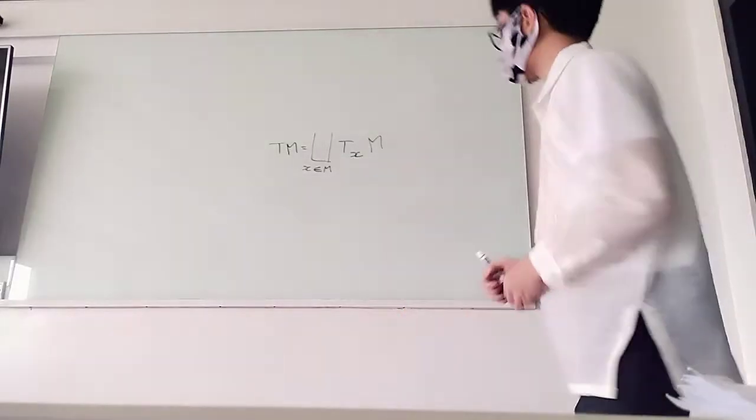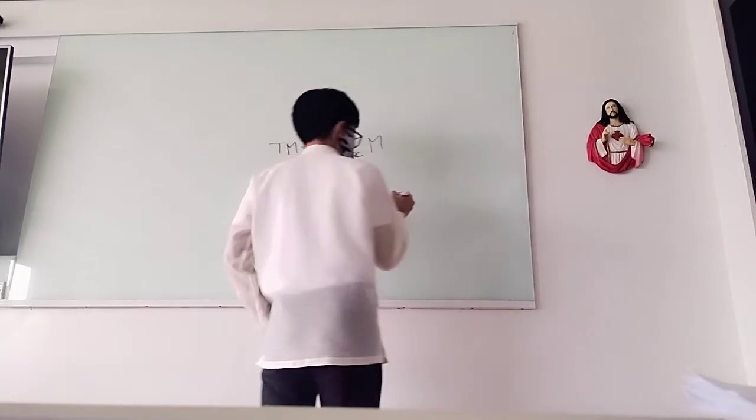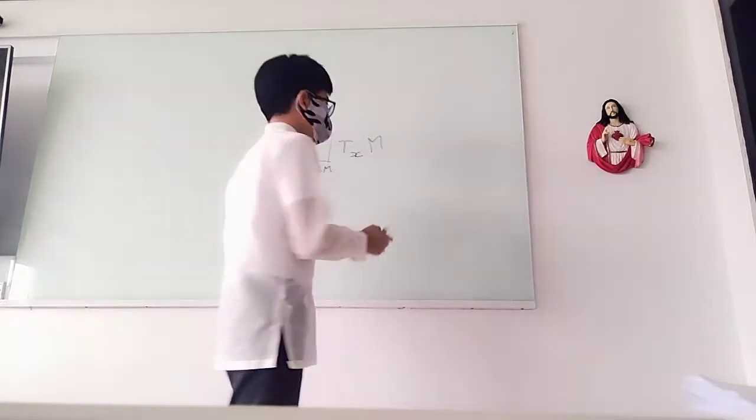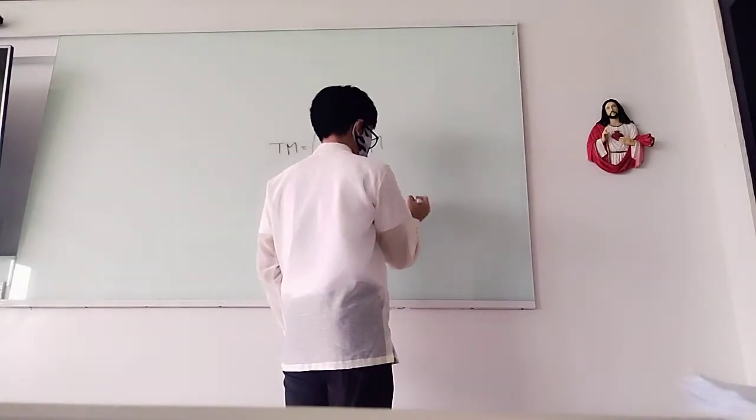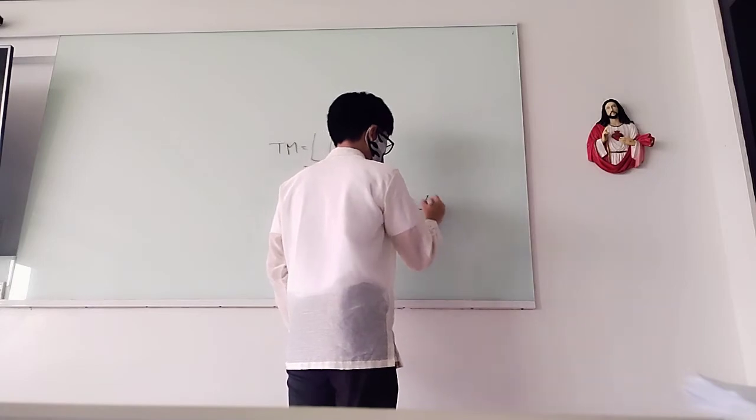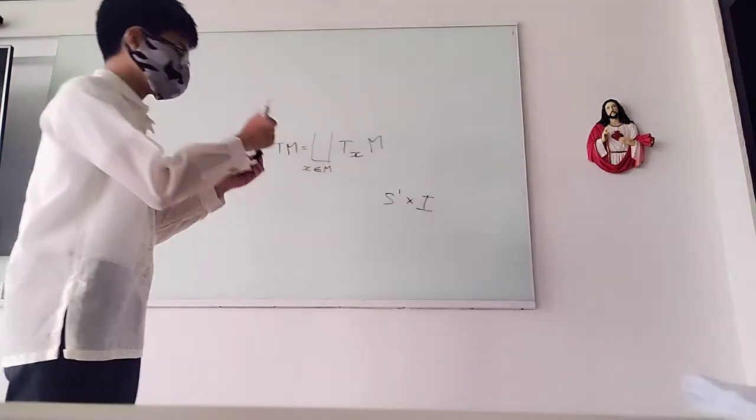An example of a tangent bundle would be the cylinder. S1 cross I is a tangent bundle.